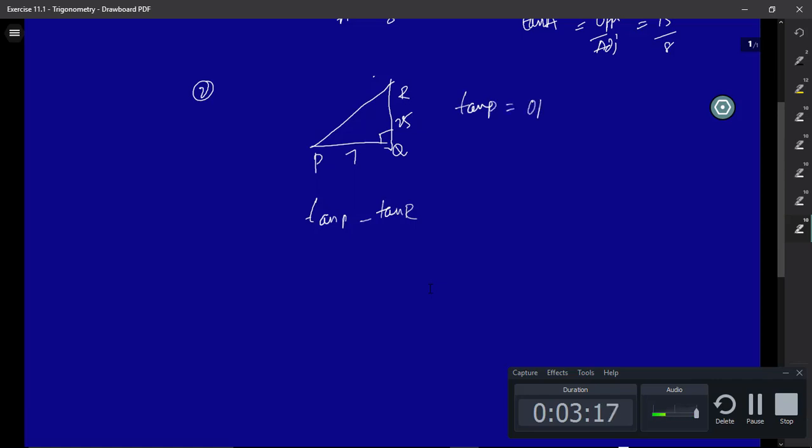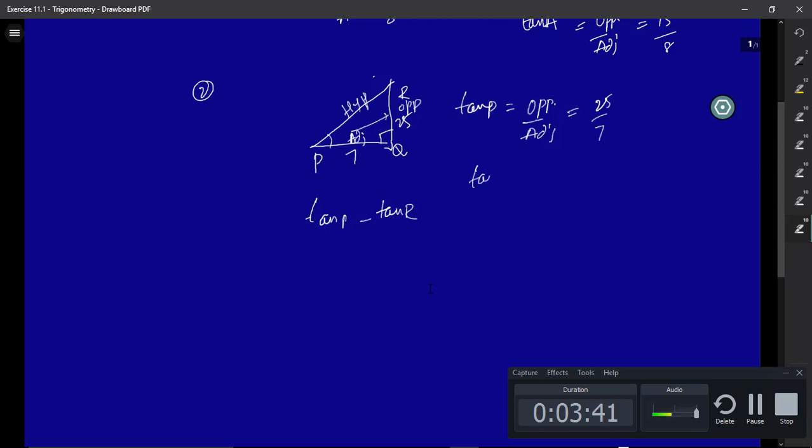Let us first find out what is tan P. We know that tan is opposite by adjacent, opposite side by adjacent side. With respect to angle P, QR is the opposite side, PR, which is a slant line, is always a hypotenuse, PQ is the adjacent side. So what is the opposite side here? 25. And what is the adjacent side? 7. So tan P is 25 by 7.